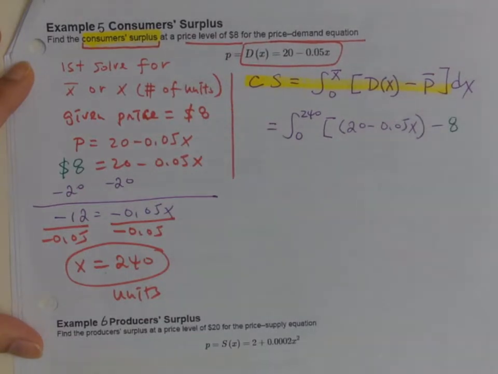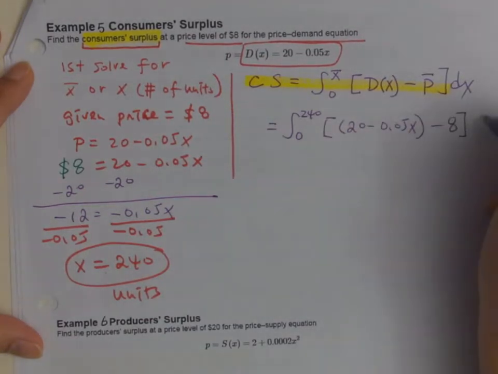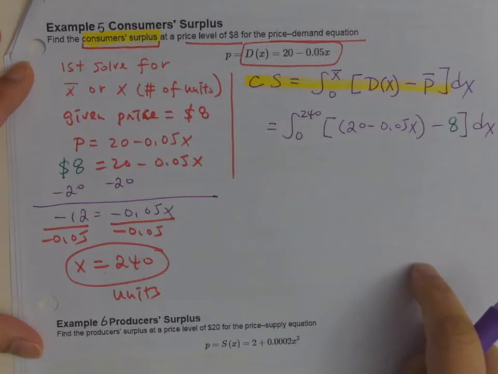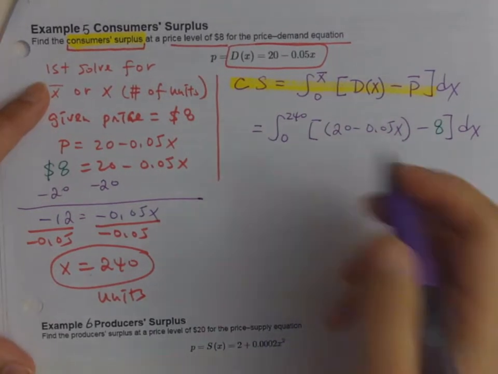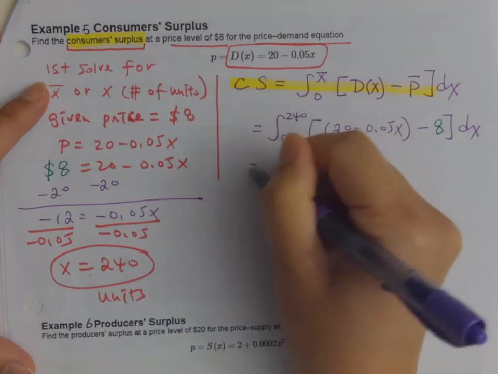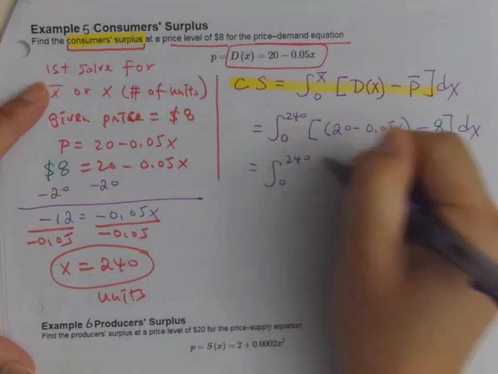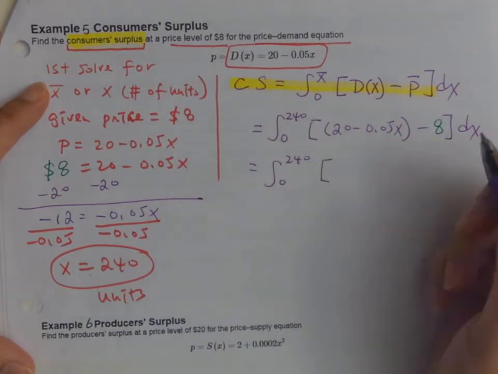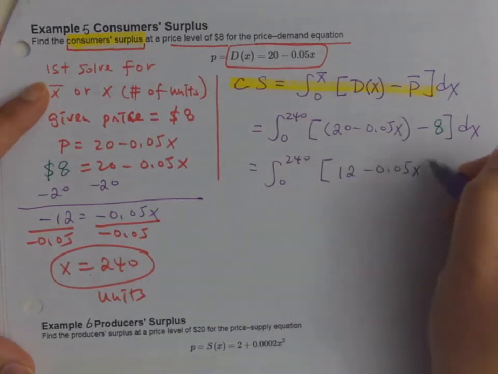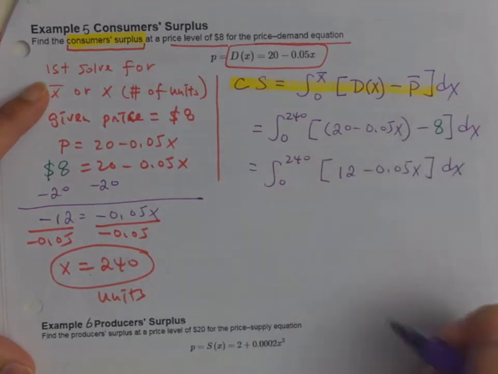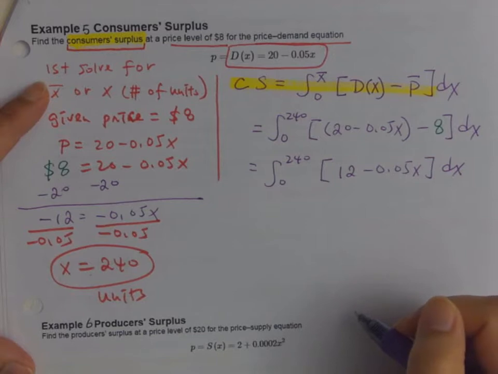So the whole steps are not too bad, but you do need to know what the information is and plug it in correctly, right? So let's combine like terms first. 0 to 240. In here, 20 minus 8 is 12 minus 0.05x. That's not a chain rule, so that's awesome. We can just go ahead and take the integral.